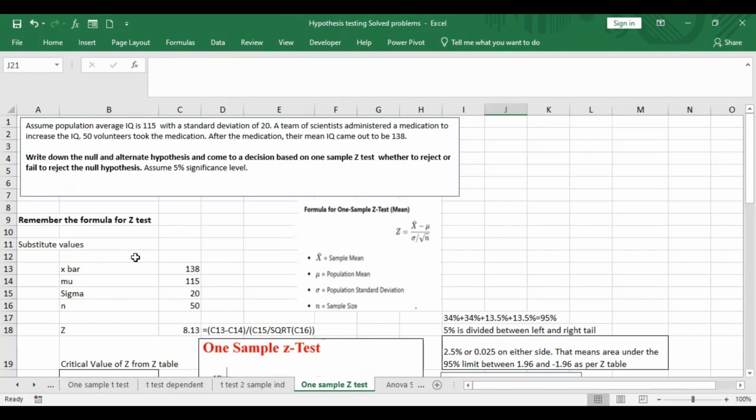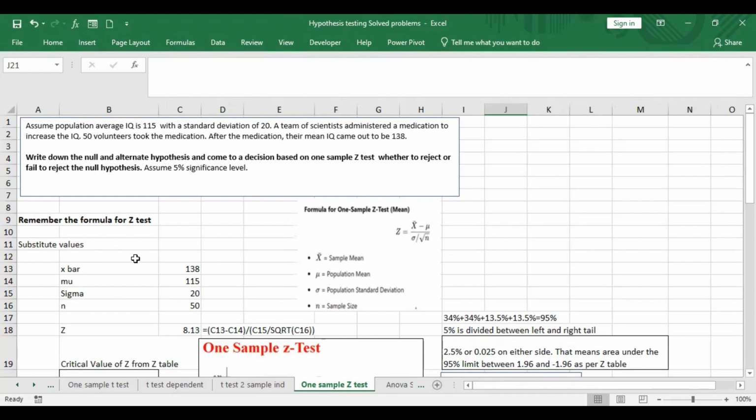A team of scientists administered a medication to increase IQ. 50 volunteers took the medication, so n is equal to 50. After medication, their mean IQ came out to be 138, that is, x bar is 138. So x bar is 138, mu is 115, population sigma is 20, the population standard deviation, and n is equal to 50.